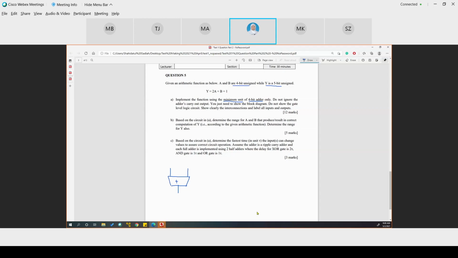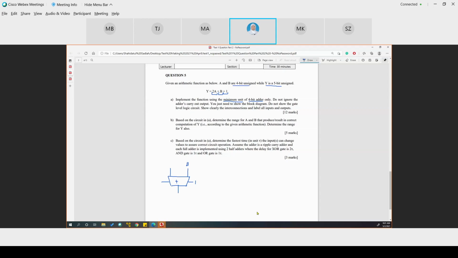And then Y is also 4-bit. And you can add 1 here using the carry in. And B here is simple B. But here we have to shift to 2A.